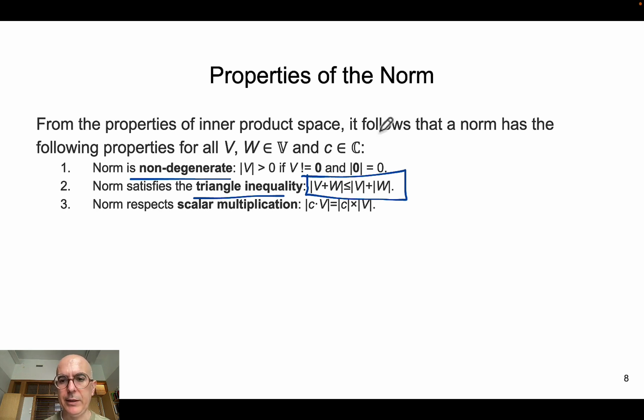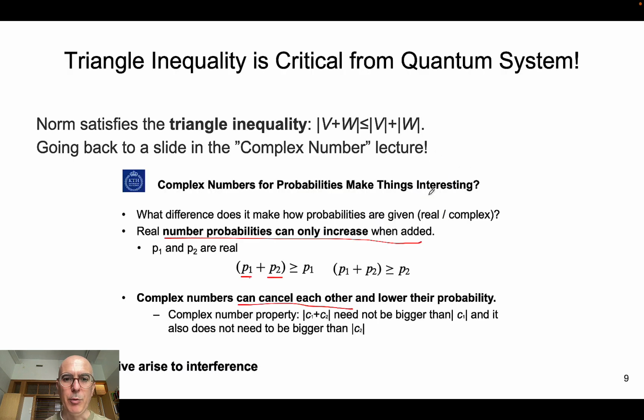But why did I say that this property is particularly important? Well, this is an inequality that we actually leveraged in the previous lecture when I talked about the interesting effect the usage of complex numbers has in quantum computing.